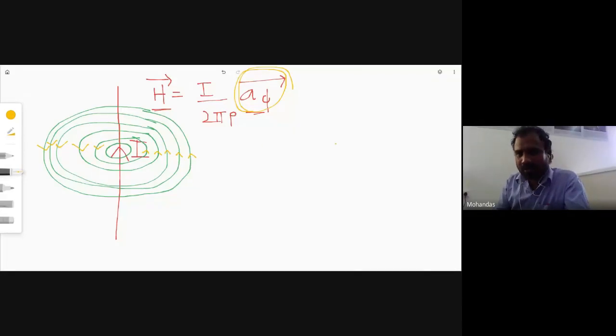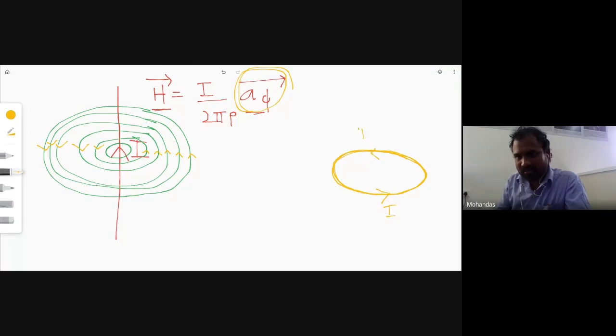Now here, just now we have derived the magnetic field intensity due to a circular loop. So let us take a circular loop like this. Imagine in three dimensions. It is in two dimensions here, so you should imagine three dimensions. In three dimensions, it exists in the XY plane or a floor, and which carries a current I in anti-clockwise direction.